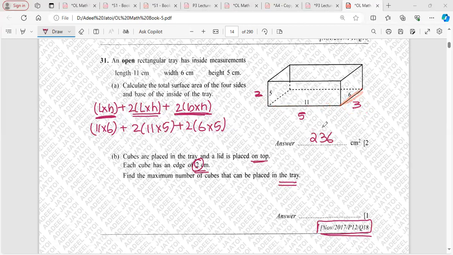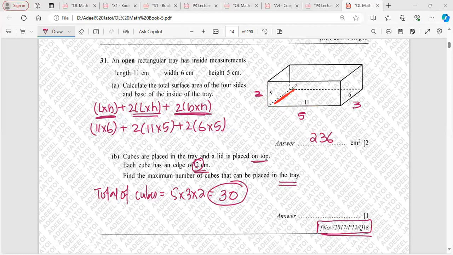So since I have these values, what I need to say is the number of total cubes will be 5 multiplied by 3 multiplied by 2, which will be 30 cubes. Which means 30 cubes will be used, because they will be placed on each other.